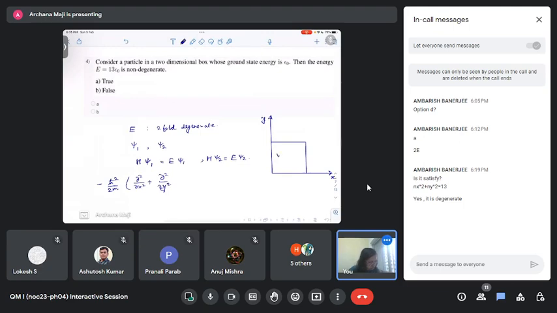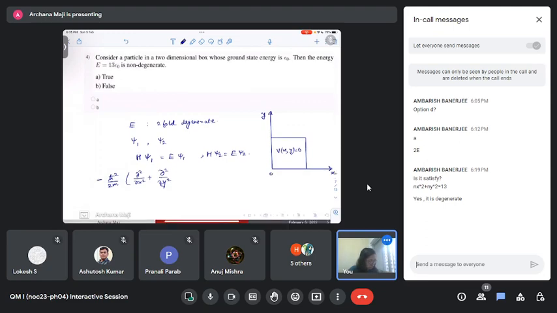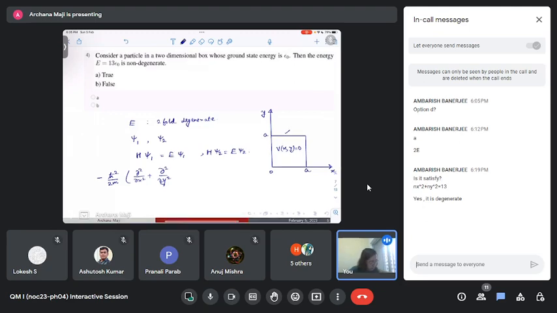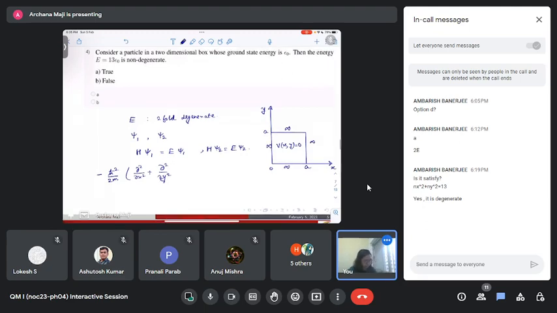So the potential is now a function of x and y, but it is 0 within 0 to a along x as well as along y, and it is infinity elsewhere outside that region.